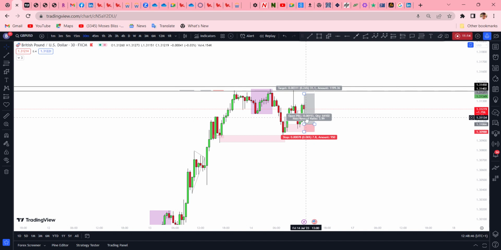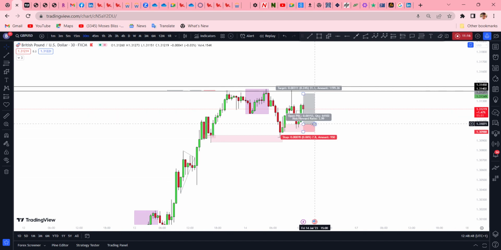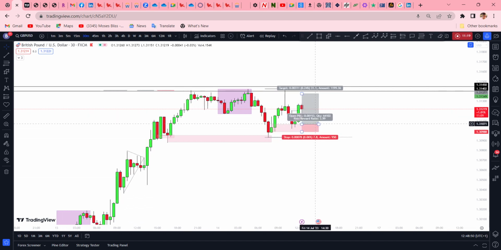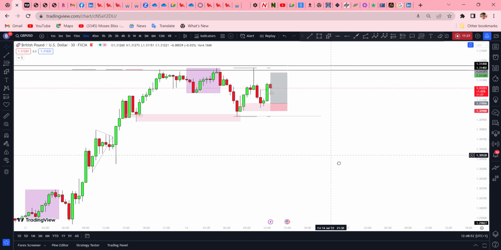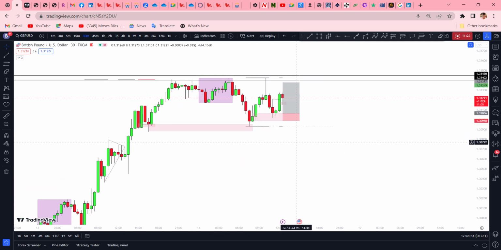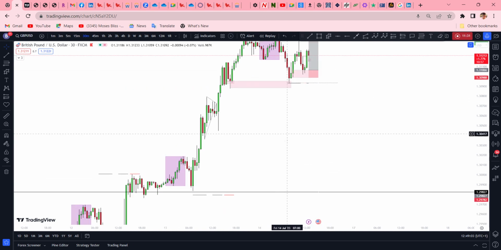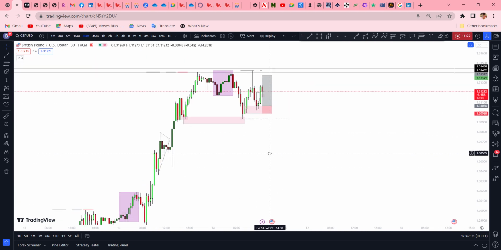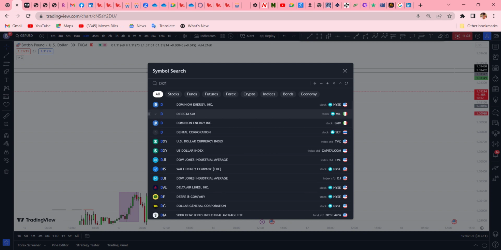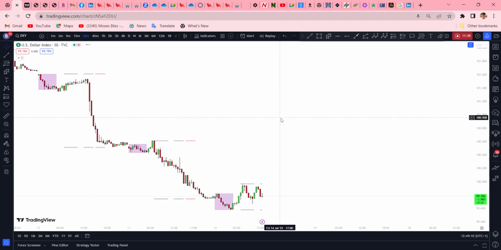But this is a full mitigation, and for anything coming back below here, I take it as taking this down as liquidity. And when it takes this down liquidity, for me, it's like a break of structure, and I'll start looking for more sales.